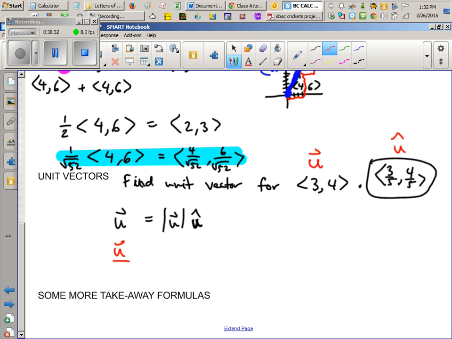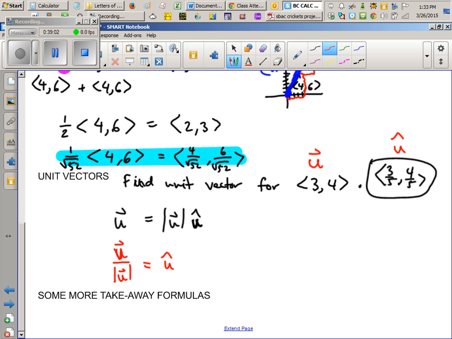A vector divided by its own magnitude is its unit vector. So you'll see this all the time in your physics class. You'll see these little hats and things. And it's just like saying a shore is like 70 unit shores. That's what it means. That makes perfect sense if you think about it. Where's the 70? Well, that's my height.